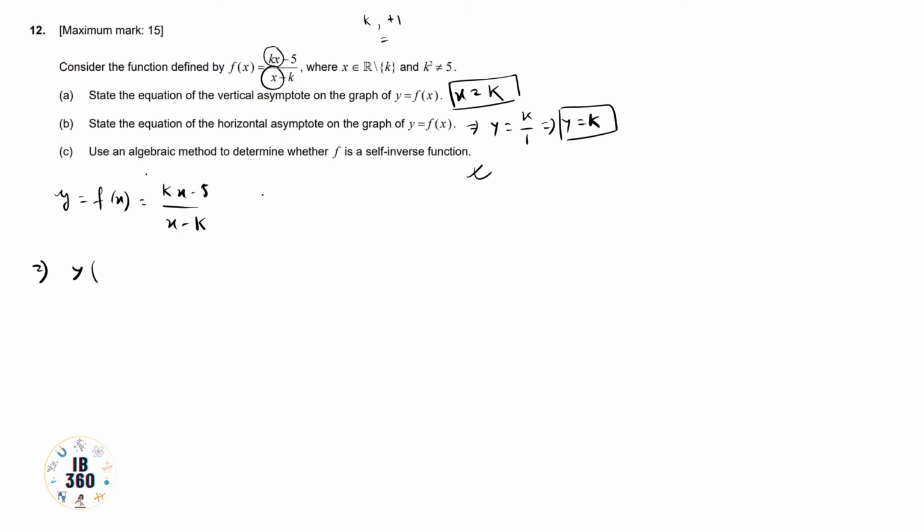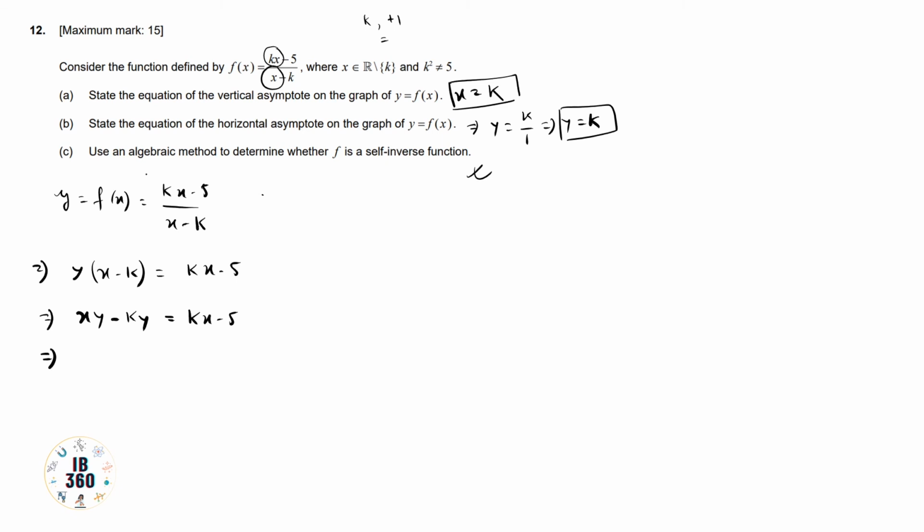So y into x minus k equals kx minus 5. So we are getting xy minus ky equals kx minus 5. From here we need to write the equation in terms of y.